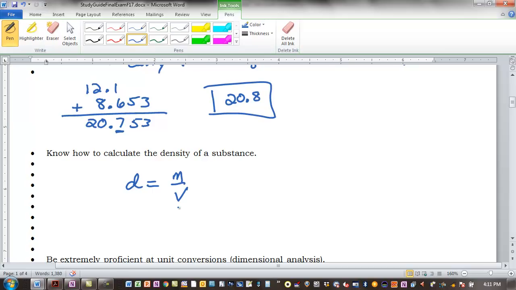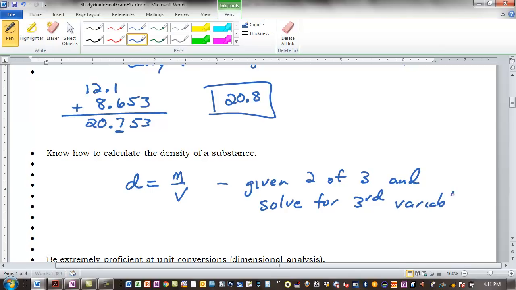Essentially, given 2 of the 3 things, solve for the third. So density is a pretty easy equation, just plug in and solve. Okay? So that was in Chapter 1.